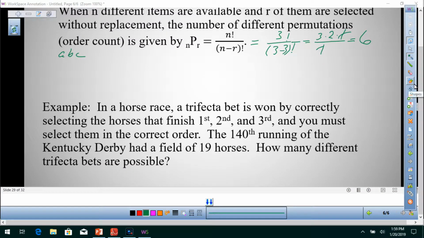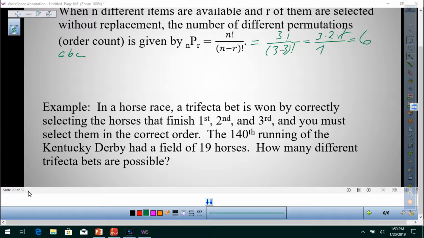Now, let's try a different example. In a horse race, a trifecta bet is won by correctly selecting the horses that finish first, second, and third, in the correct order. The 140th running of the Kentucky Derby had a field of 19 horses. How many different trifecta bets are possible?